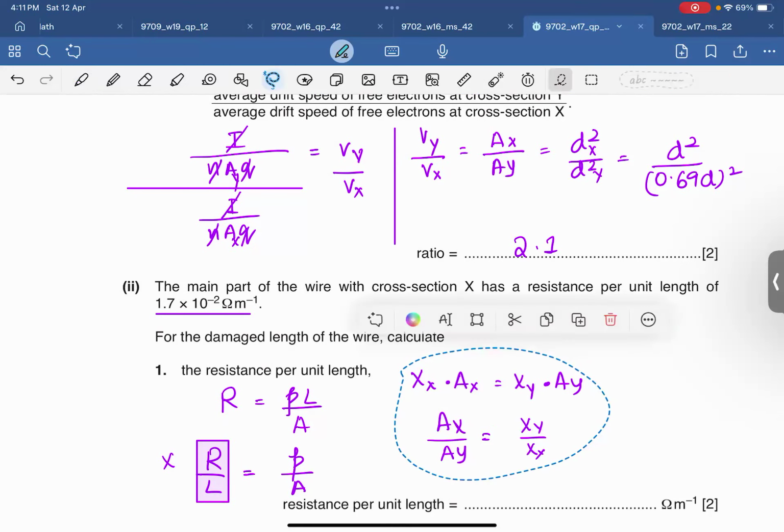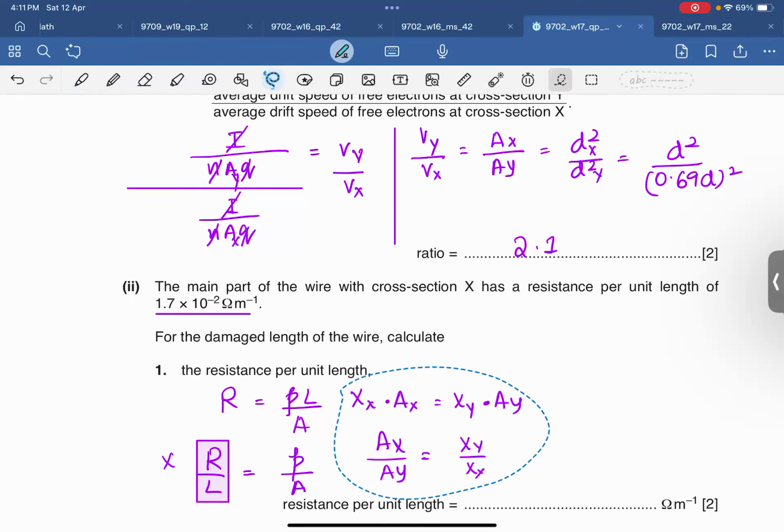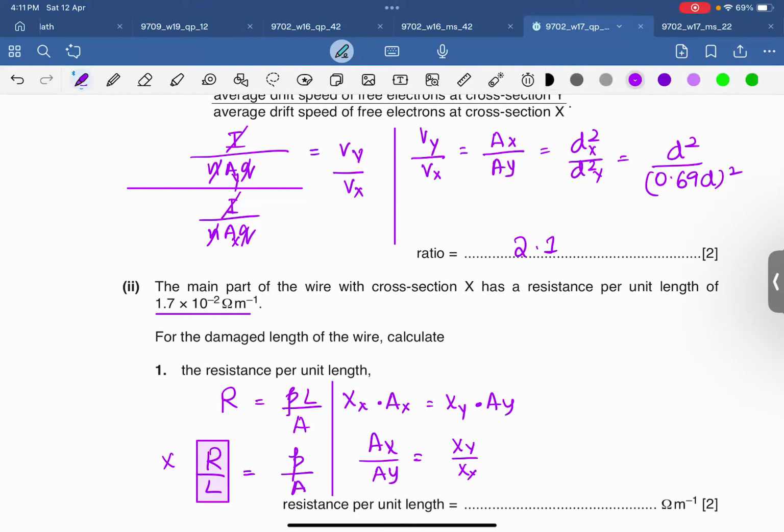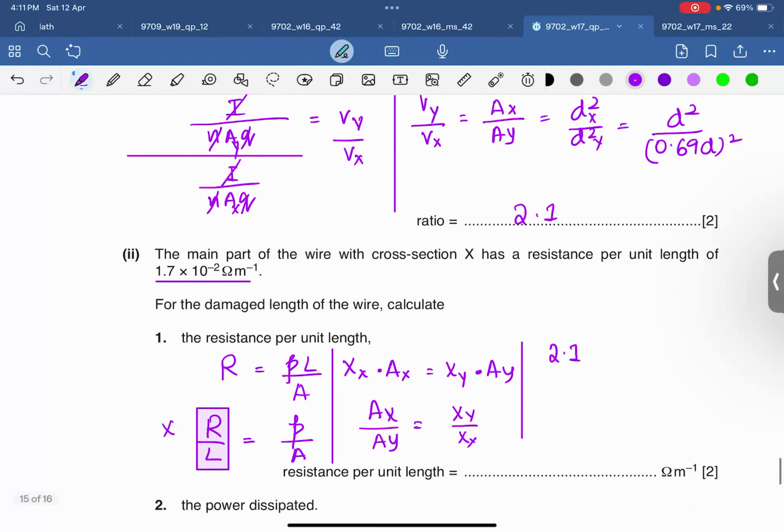This seems like a slightly difficult question. Now we got this far. Now what we can do is AX, the area of X divided by the area of Y, is equal to 2.1, and this will be X of Y over X of X. So now they mentioned that the main part of the wire has a cross section X and has a resistance per unit length.